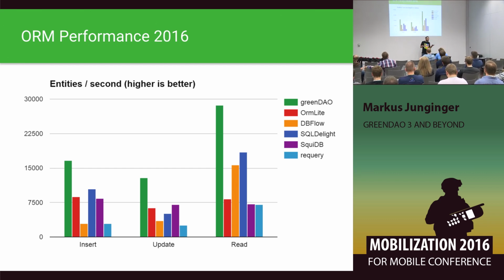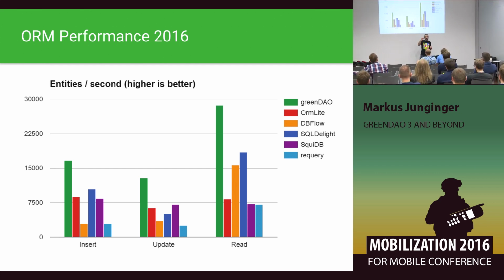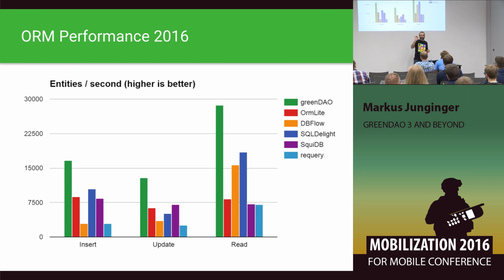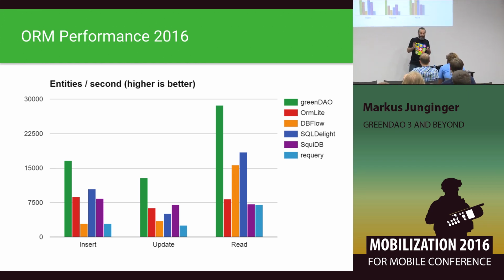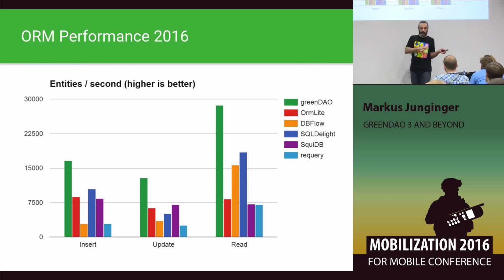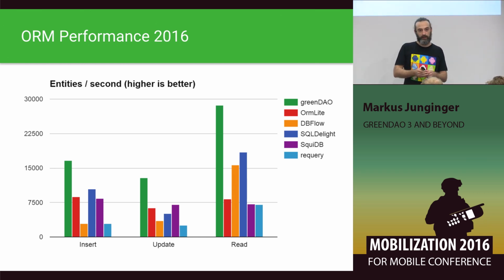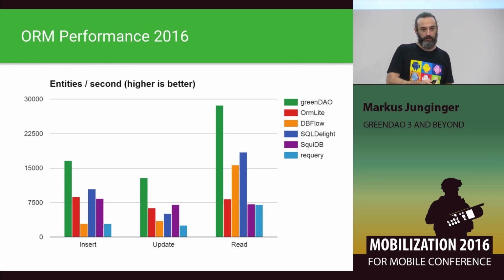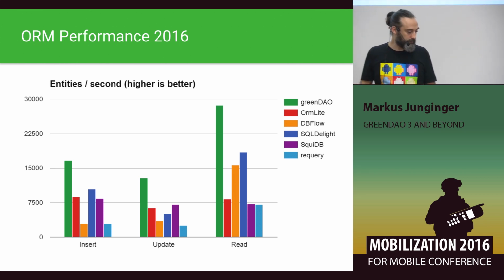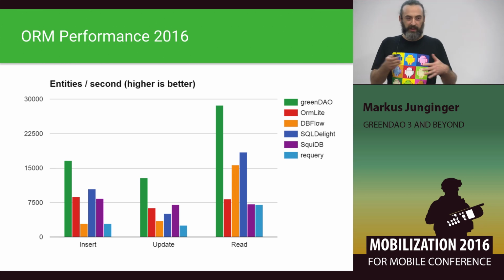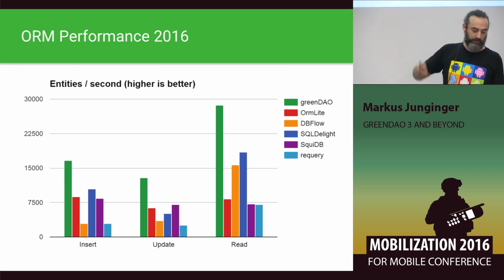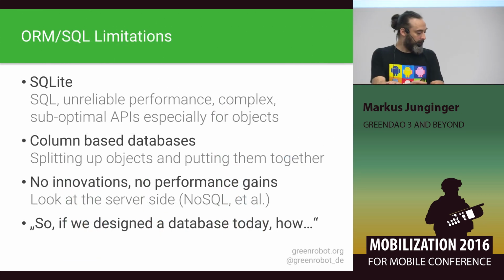Sorry, it's a bit faster than SQLite, but it's not always faster. For example, I think delete is a little slower. And it's not an ORM, so it just didn't match this comparison here. Okay.